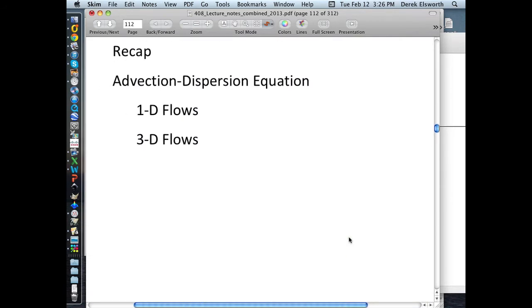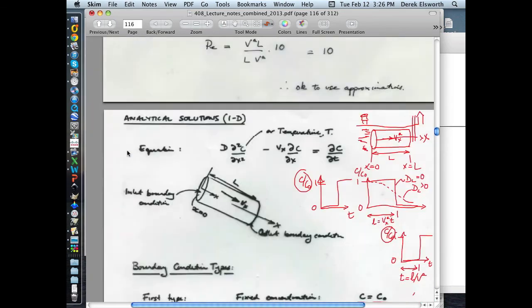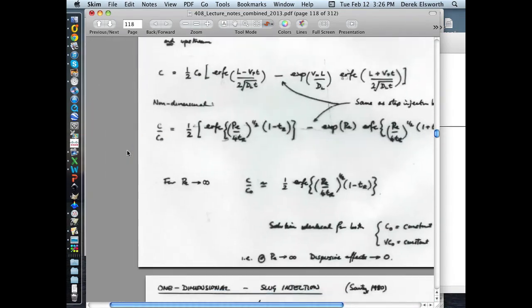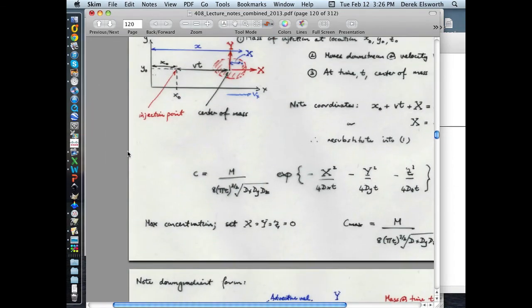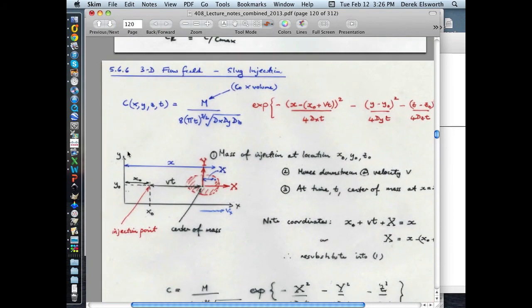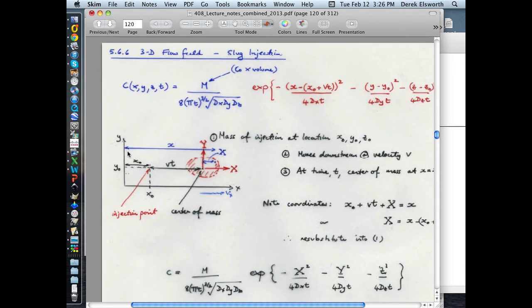Okay, so when we entered into this we said we'd talk about a couple of things. We talk about what this advection-dispersion equation means in terms of these one-dimensional flows, and also in terms of 3D flows. So let's quickly talk about the behavior for 3D. That's where we'll leave this. So the idea is this. You take a bird's eye view of your site, and at time 0 some stuff goes in the ground.